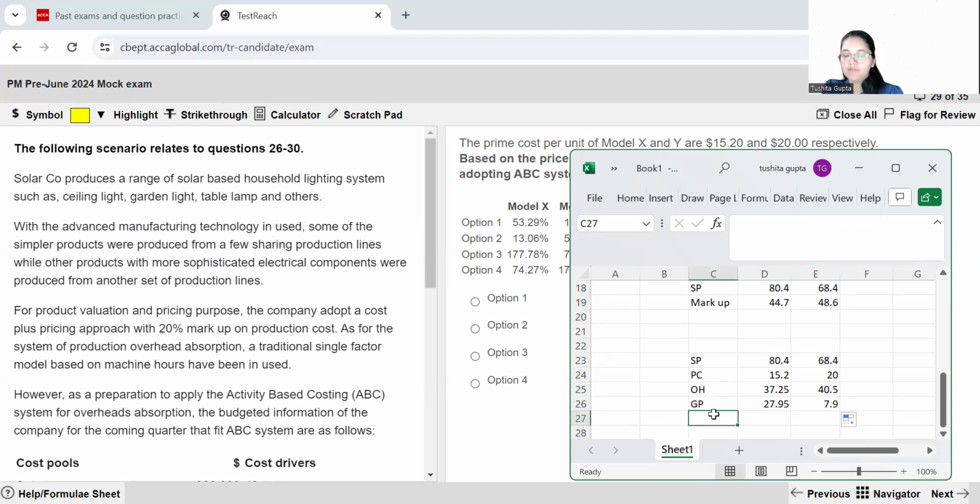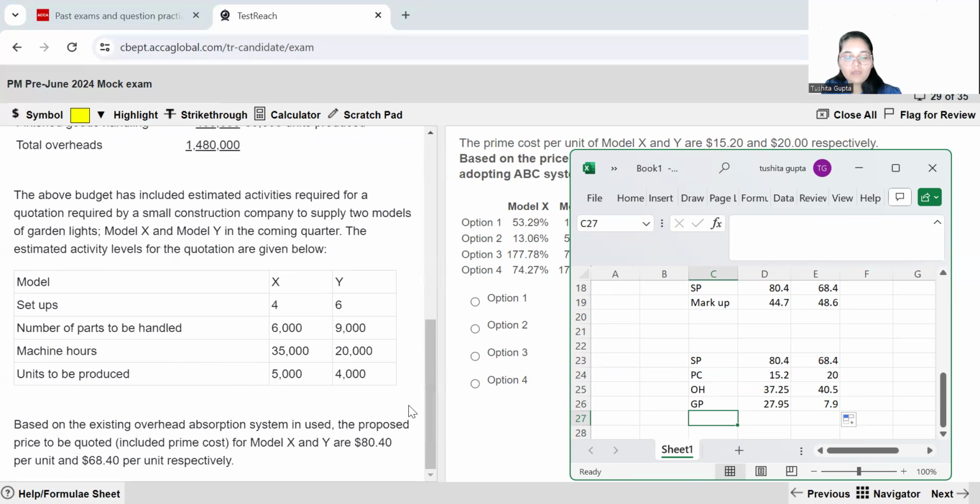Now, the revised markup is always based on cost. So over here, I need to find out how much my markup is. My markup will be nothing but this value divided by the total cost. So let me total up the cost in one place.